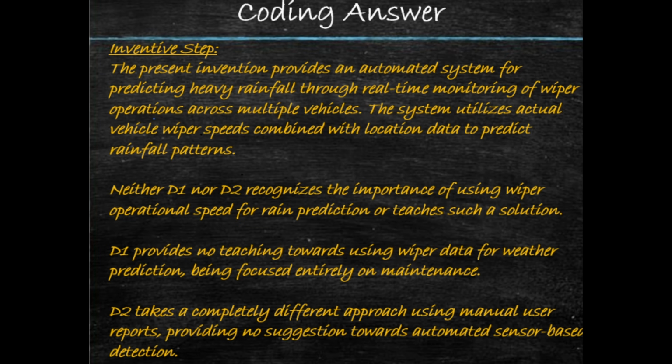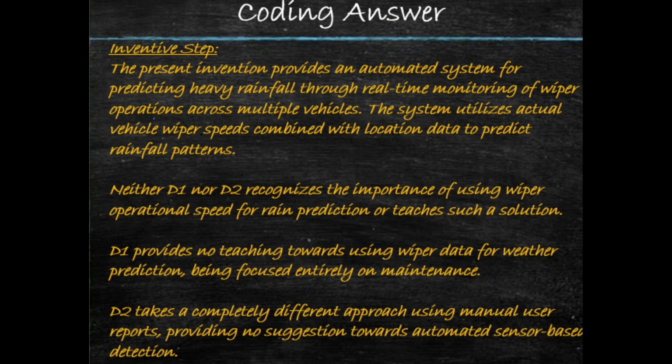But how do we justify it? So we say D1 provides no teaching towards using wiper data for weather prediction because they were focusing only on the failure of wipers. The data was used for identifying when or predicting when the wipers will fail, not for predicting when the rains will happen. And D2 takes a completely different approach because they are relying on users to post messages on social media networks to predict whether rains are happening or not, right?